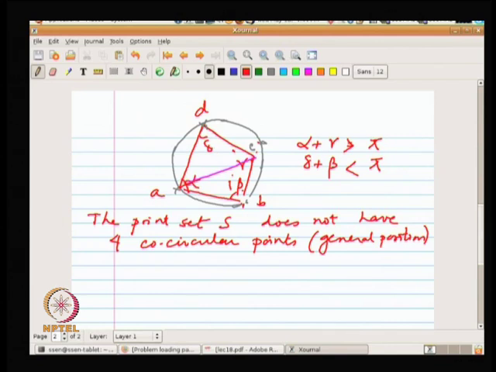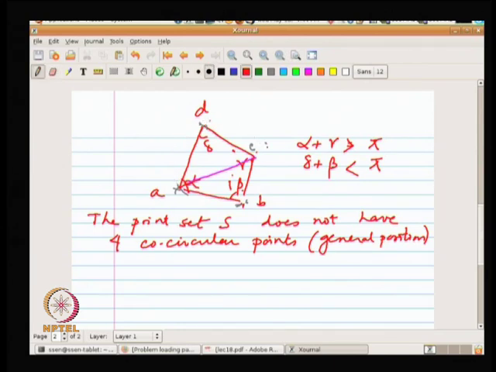Then by the fact that delta plus beta is less than pi, if we draw this circumcircle, this is no longer a circumcircle because it does not go through 3 points of the triangle. So I have to redefine my circumcircle.